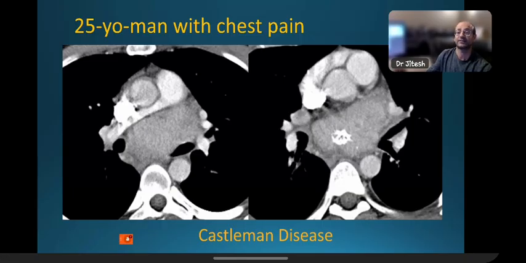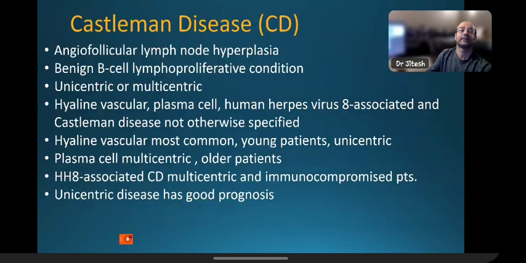So this is an example of Castleman disease, which is basically an angiofollicular lymph node hyperplasia, a benign B-cell lymphoproliferative condition. Traditionally, it was classified as unicentric or multicentric, but more recent classification divides this disease into 4 categories: hyaline vascular, plasma cell, human herpesvirus 8 associated disease, and Castleman disease not otherwise specified.